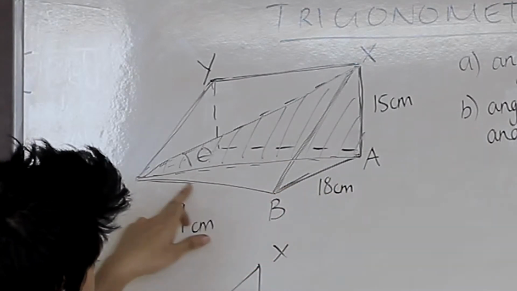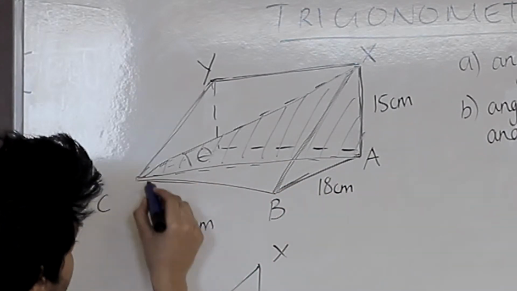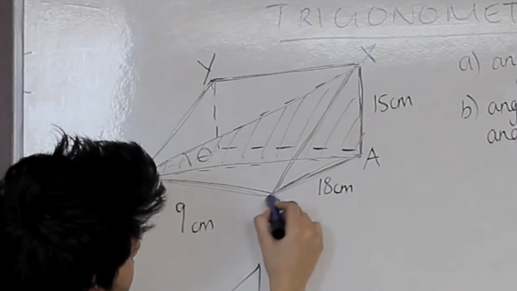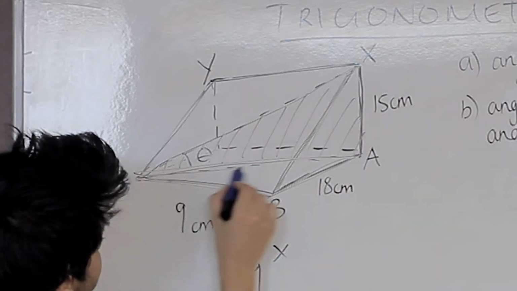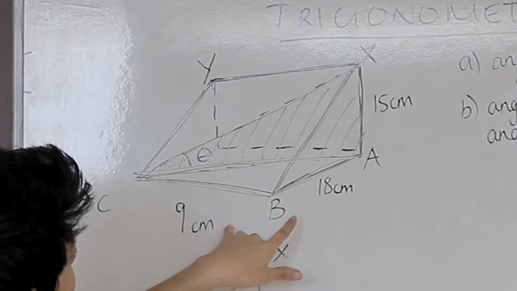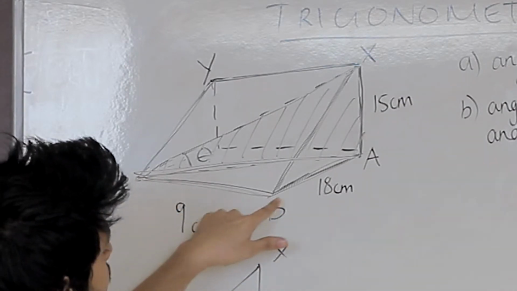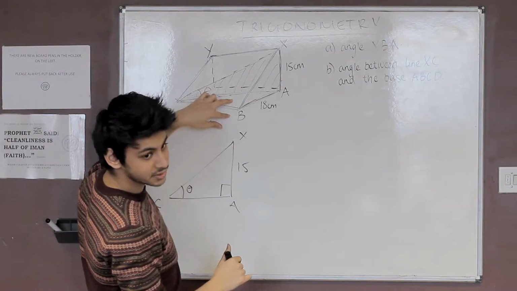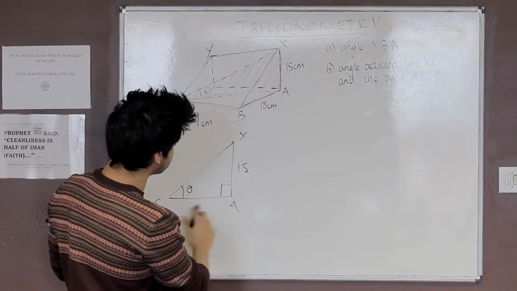There's another triangle that emerges at the base of the original shape, made from C to B, B to A, and A to C. Here we've got two sides, 9 and 18. Let me draw out this little triangle, and maybe this could help us find out what CA is.